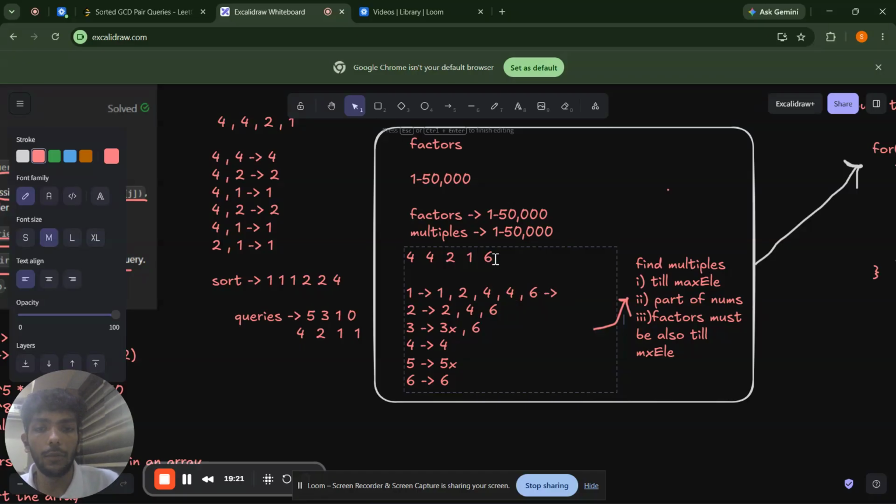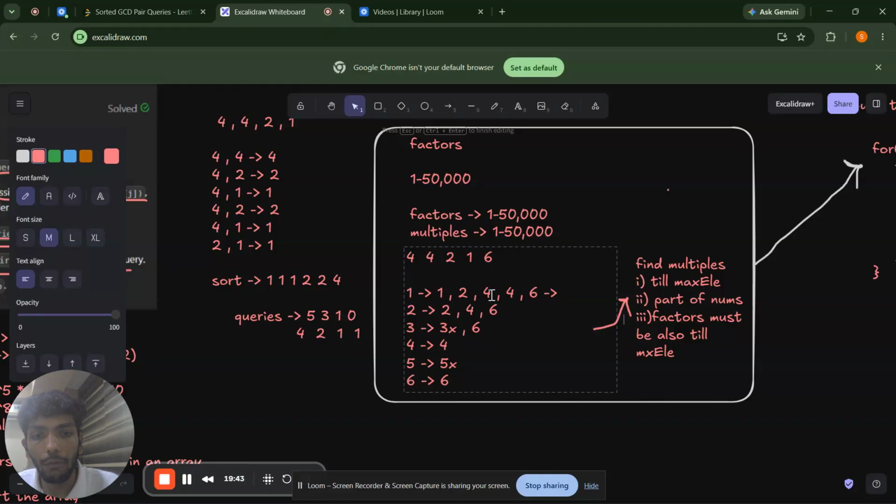And 6, there is one 6, so this 6 will be considered. So what we will do is keep a track of, for how many numbers in nums, this particular factor is a possible candidate for being the GCD or HCF.